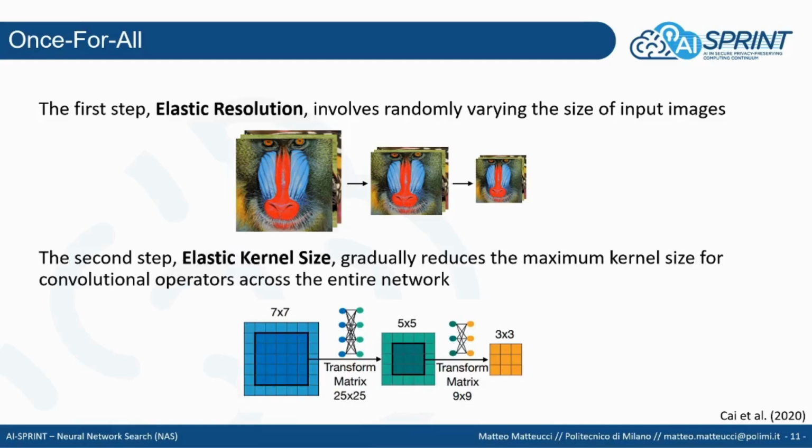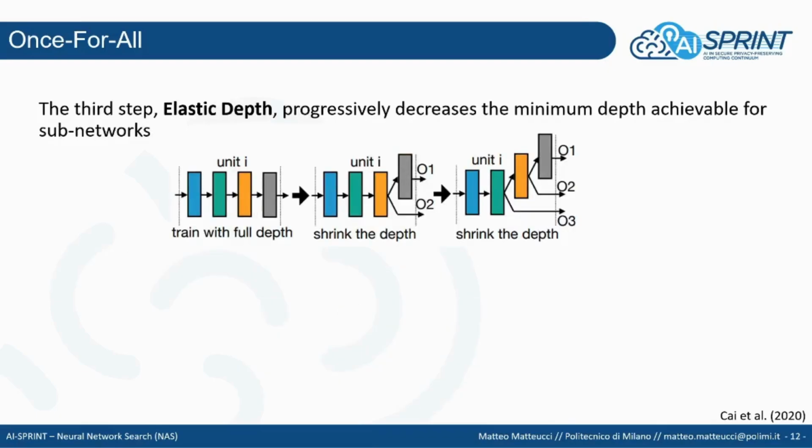The second step is called elastic kernel size. While learning the supernet, the progressive shrinking tries to reduce the maximum kernel size for convolutional operators across the entire network. It can use these 7x7, 5x5, 3x3 operators.